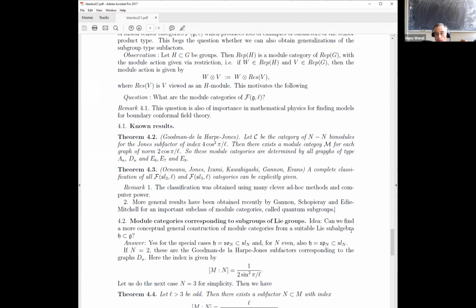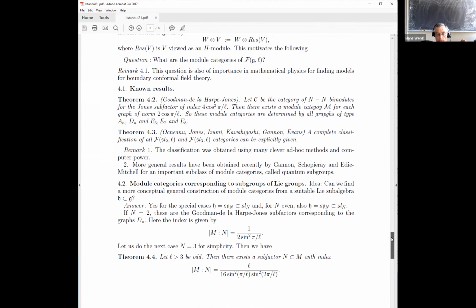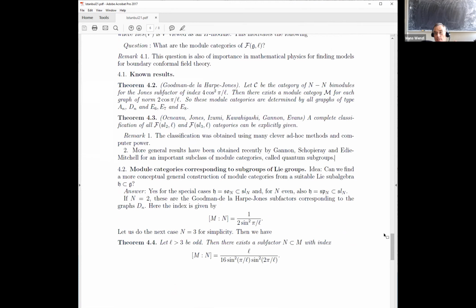All right. So now the idea is, okay, can we find some more conceptual construction of such module categories? Because often it's not even clear what we can obtain. So a very naive idea is, what about if you take a Lie subalgebra H of G? We have seen subgroups give module categories.